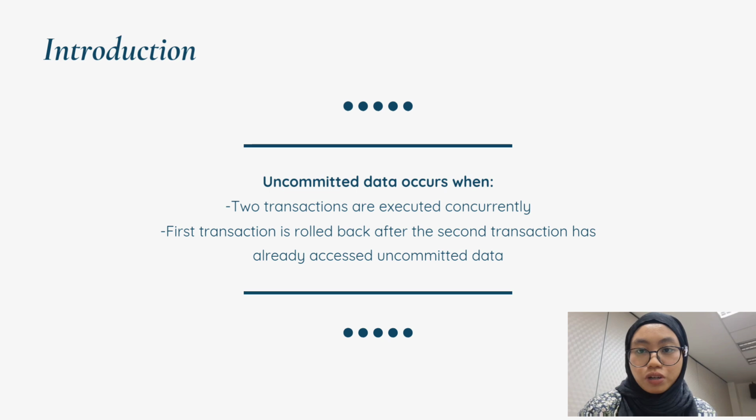So today I will talk about uncommitted data, which is one of the problems in concurrency control. Uncommitted data occurs when two transactions are executed concurrently and the first transaction is rolled back after the second transaction has already accessed the uncommitted data.